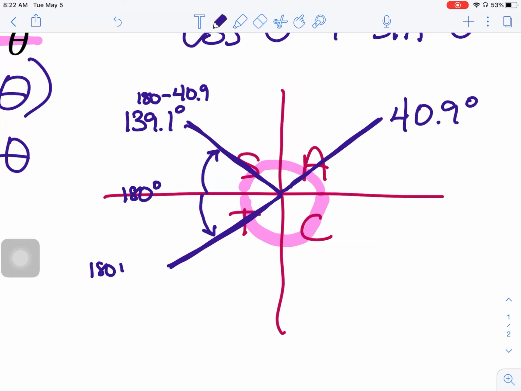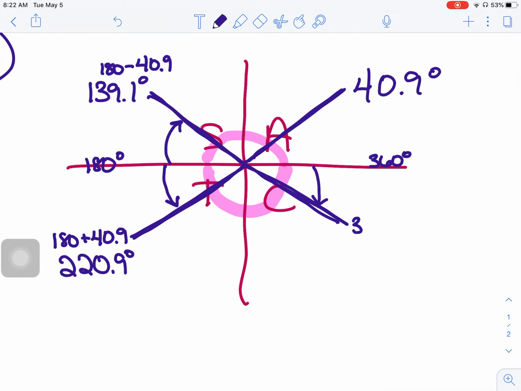So 180 plus 40.9, okay, so 220.9 degrees. And I need an angle in quadrant 4 that is 40.9 degrees off the x-axis. So full rotation would have been 360 degrees.